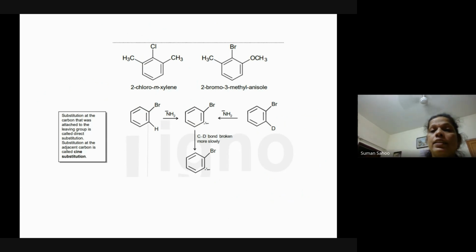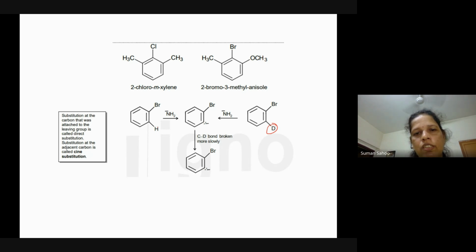Another evidence is that when there are no hydrogens present in the ortho position, no reaction will occur. Even the rate of reaction would be slower when you put deuterium instead of hydrogen at the alpha position. Because in this reaction carbon-hydrogen bond breaking takes place, that is the slow step.